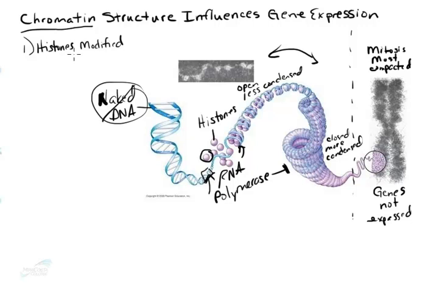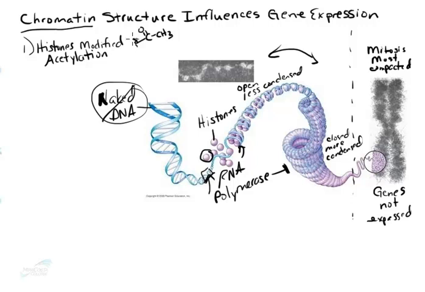Now, this can happen in a number of different ways. The most common is by adding a chemical group called an acetyl group onto a histone protein. Acetylation is what this is referred to as, adding a little acetyl group, which looks kind of like this. You'd have a carbon double bonded to an oxygen and then also bound to a methyl group. So that's an acetyl group.